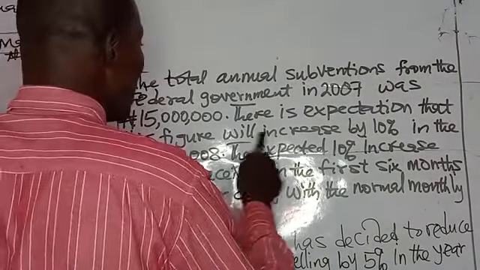Now, working 1. Subventions from federal government. The amount given for 2007, you were told that the amount was 15 million naira.